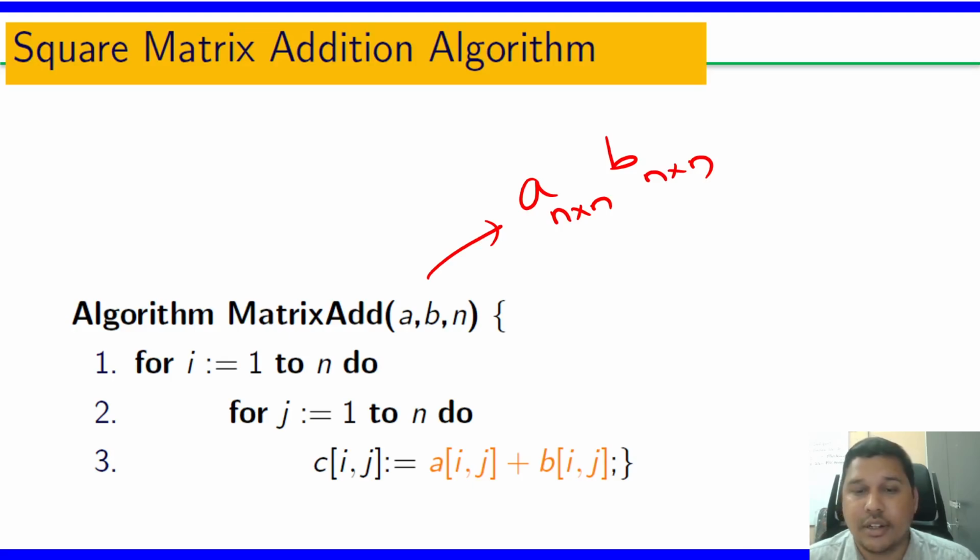Can you guess this? We have two for loops, and then we have one statement here. How much time does this take?